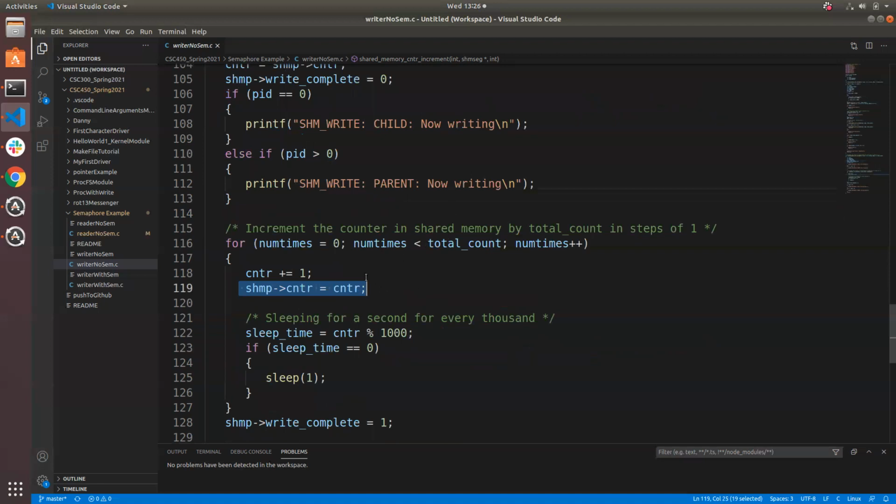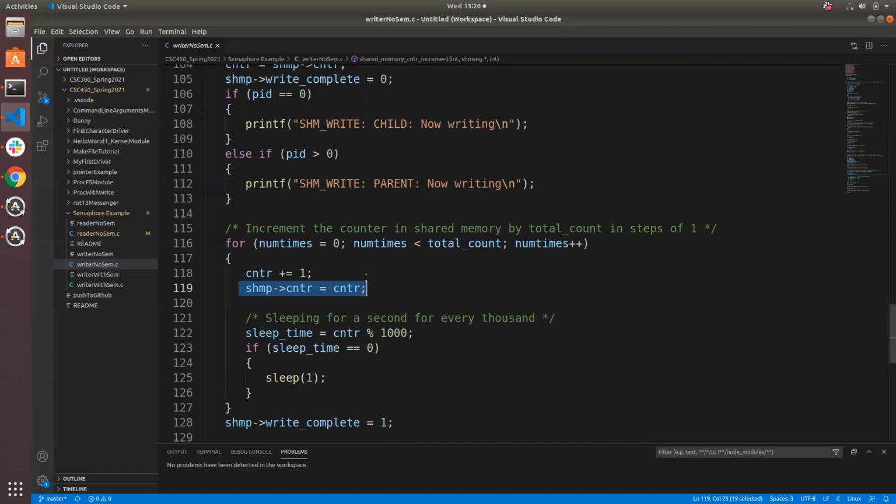So now you have a level of competition, right? Let's say that both the parent and the child come into this section, and process scheduling seems to line up pretty well. Let's just say they both did start with a count of 0. Seems likely, right? So now they're in this for loop, and the loop is spinning through.